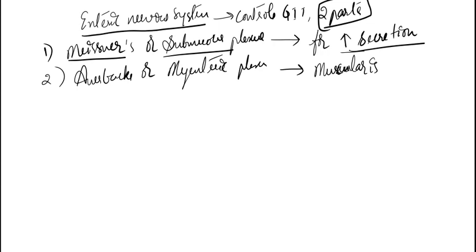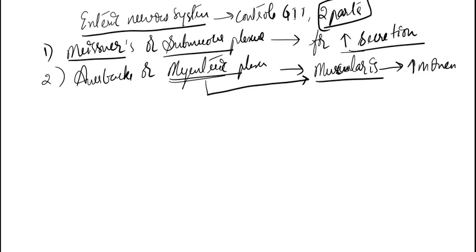Doctors, please don't get confused. Myenteric means muscle, so it is present in the muscularis. What is the function of the muscularis layer? Contractility, that means motility. It increases movements.